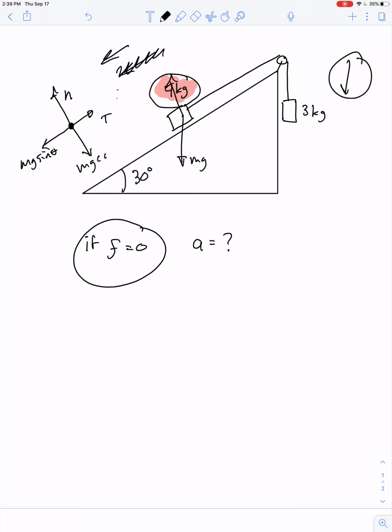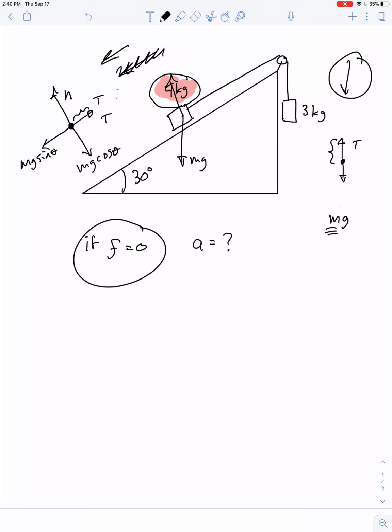We've got to label this one mg cosine theta. Let's make a free body diagram for the 3 kilogram block. Again, we don't know how long to draw the tension vector, other than whatever length we draw the tension vector on this free body diagram is the same length we draw it on this one. But whether or not that's longer or shorter than the force of mg remains to be seen.